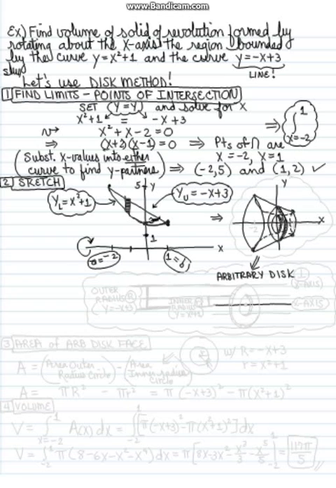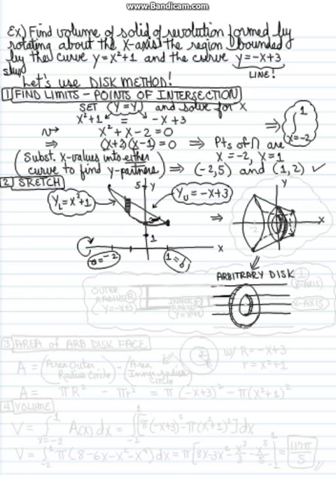Now, we're only interested in the area of the face, so we're only interested in the radius where we have material, not the hole. So we're going to have our outer radius minus an inner radius. We have the axis of rotation going through the center.